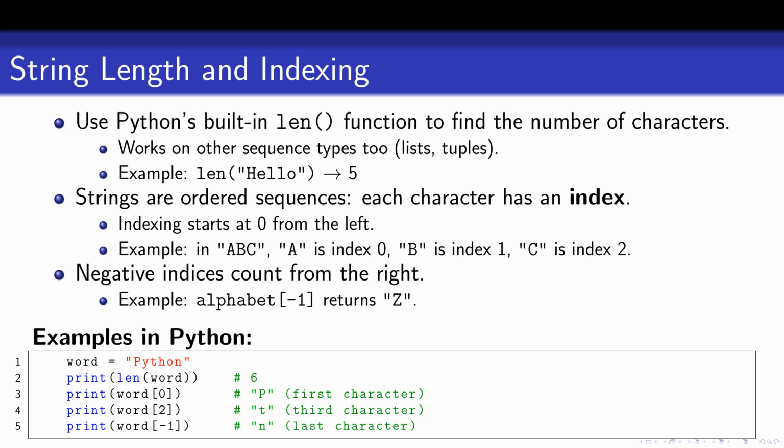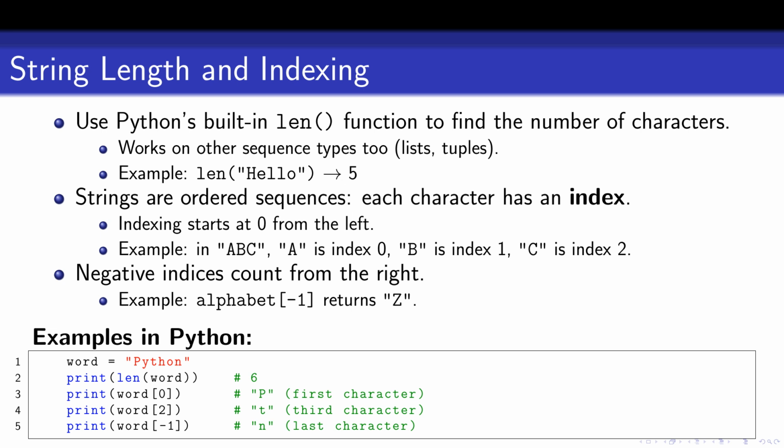Python provides the built-in function len to return the number of characters in a string, and this works with other sequence types too. Because strings are ordered, you can access characters using their index, which always starts at 0. For example, in ABC, the character A is at position 0, B at 1, and C at 2.